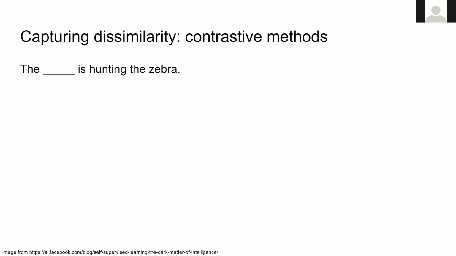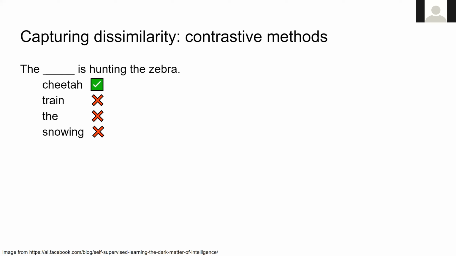And so if we go back to our example, where we have the sentence about hunting a zebra, well, we told our model that cheetah is the correct answer. And then what we can do is take a few other words and tell our model that those are not correct answers. So train, not a correct answer. D, not correct. Snowing, also not correct.